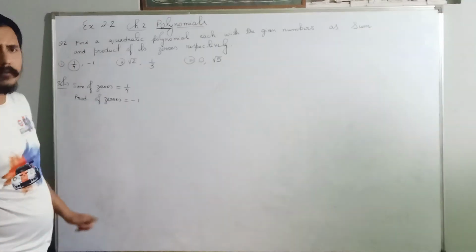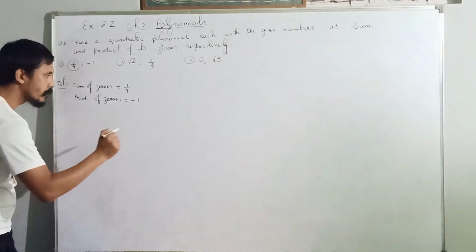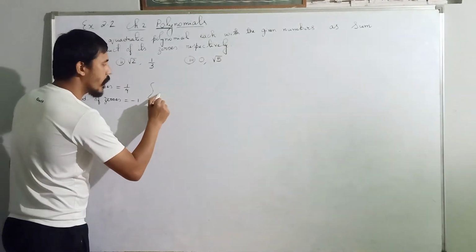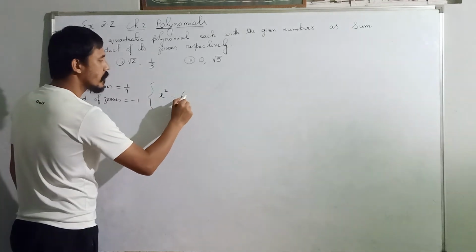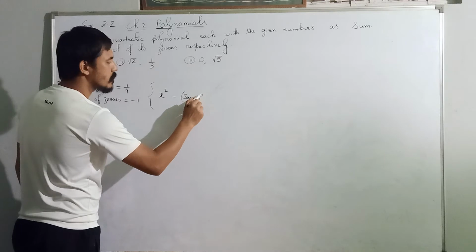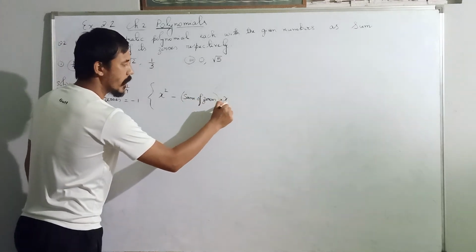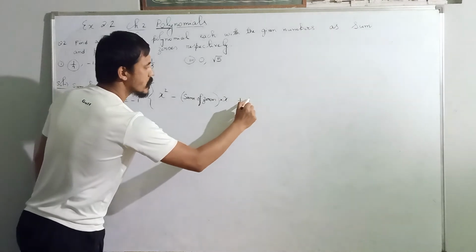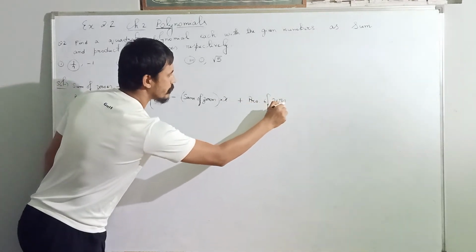Now there is a formula for finding a quadratic polynomial. The formula is x squared minus sum of the zeros times x plus product of zeros.